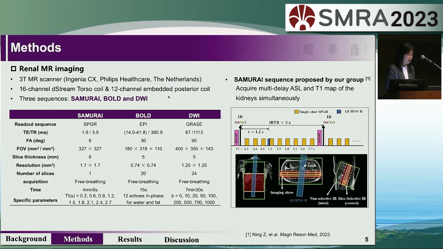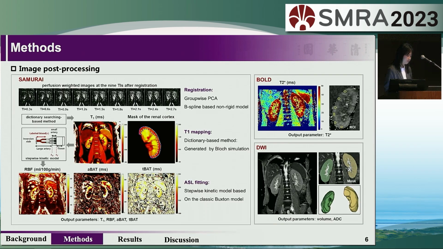The renal MR imaging was performed on a 3T MR scanner. The imaging protocol includes DWI, BOLD, and SAMURAI, proposed by our group in 2022. The SAMURAI sequence enables acquiring multi-delay arterial spin labeling and T1 map of the kidneys simultaneously with excellent reproducibility.